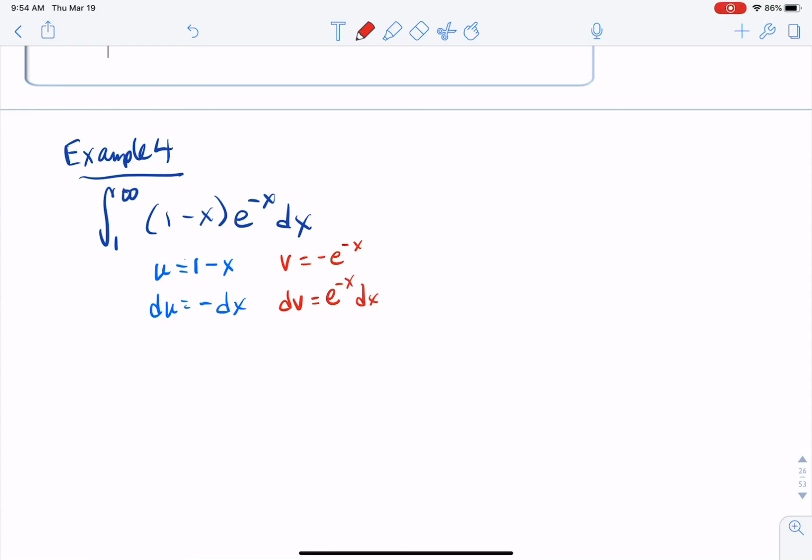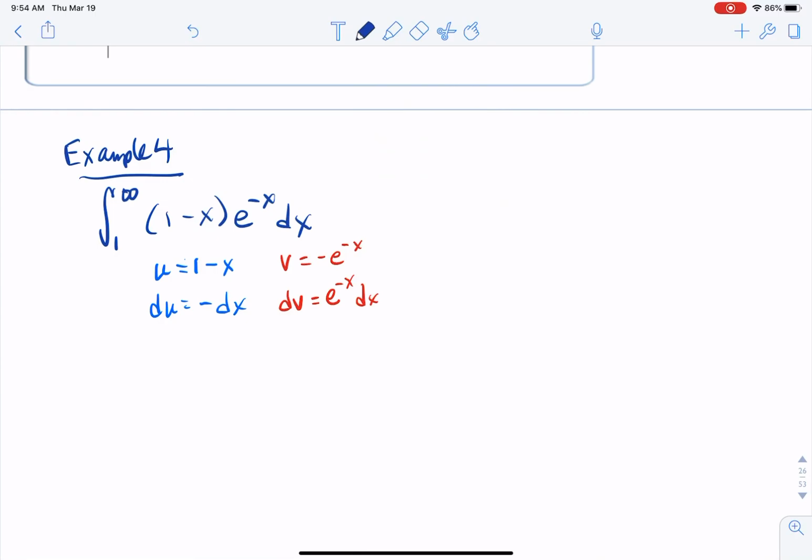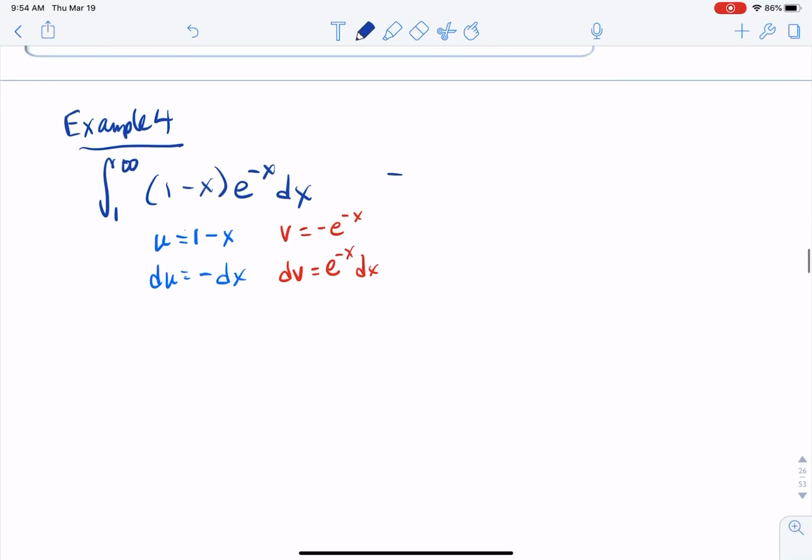All right, so there's all of that part, but something that I neglected to do is to turn this thing into a limit. So this is the limit as b, once again, goes to infinity of the definite integral from 1 to b of 1 minus x times e to the negative x dx. Okay, and now I'm going to use my integration by parts. Remember that the first part of this is uv.